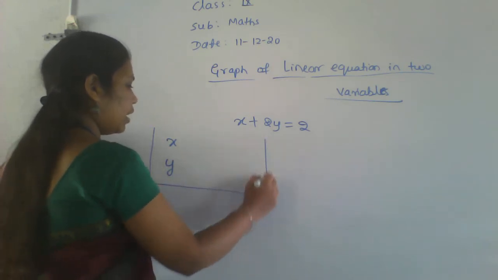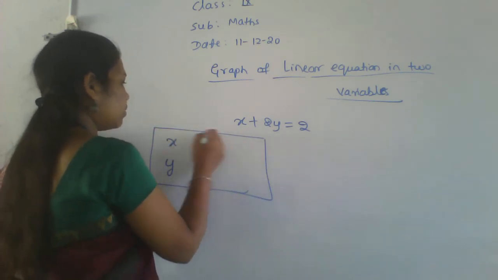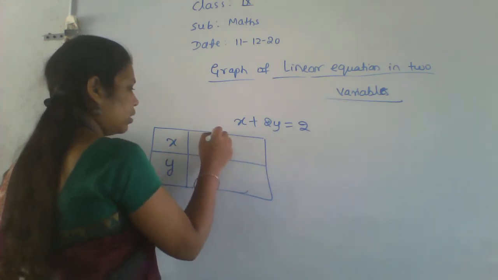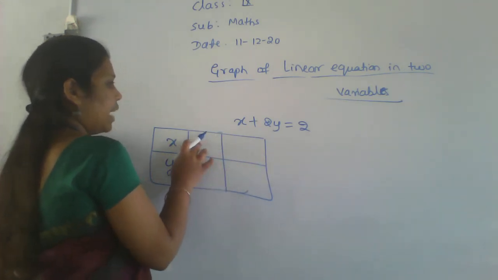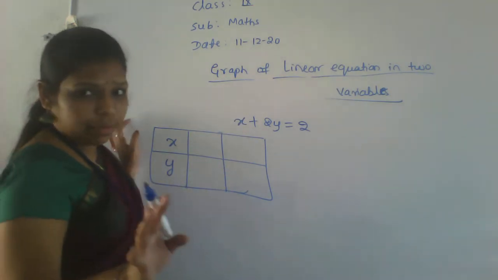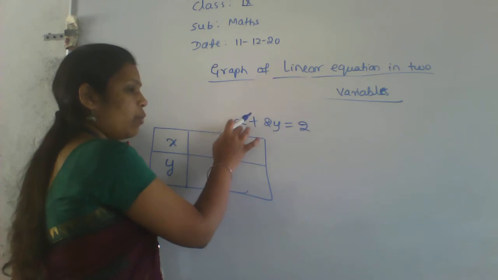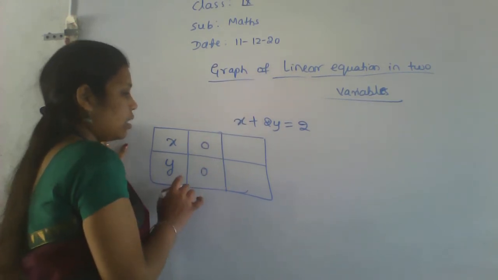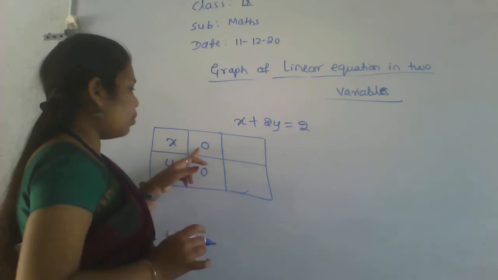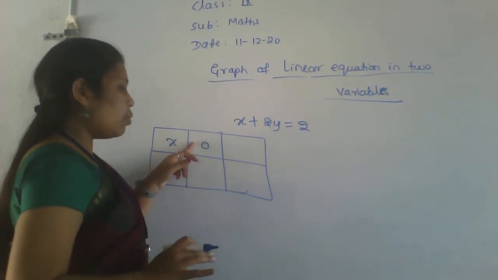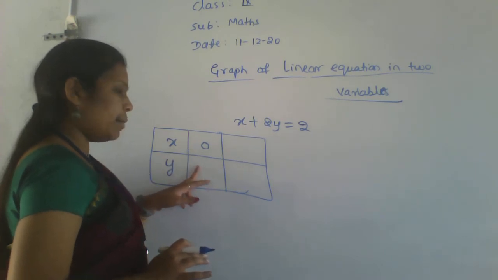You have to make a box like this. Okay, so see here, if x is 0, only take two coordinates, it's enough. If x is equal to 0, what is the value of y here?